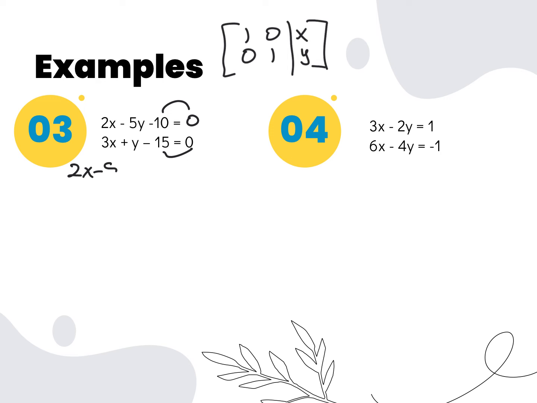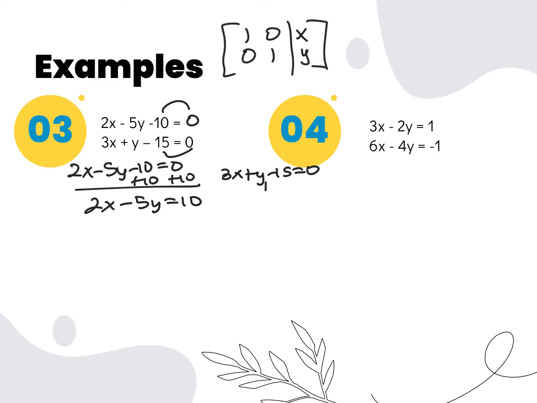So 2x minus 5y minus 10 equals 0. I need to move the constant to the other side. Same thing on the second equation. Whenever you're doing these matrices, make sure both equations have your x's lined up on top of each other and your y's and then the constants.